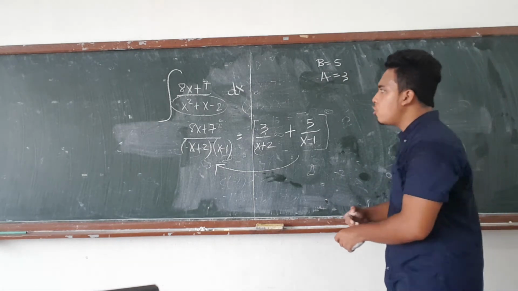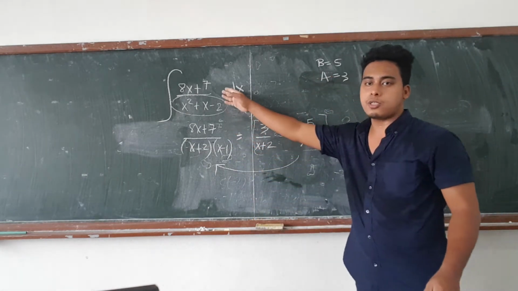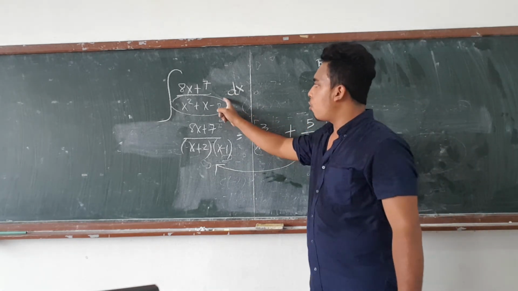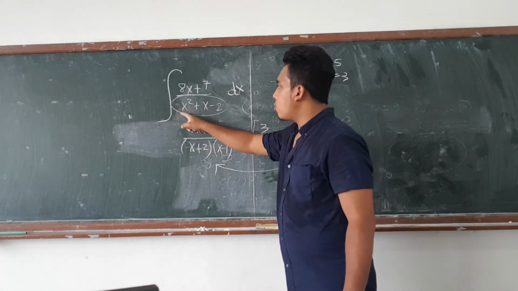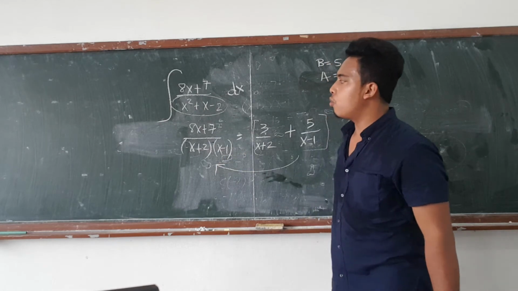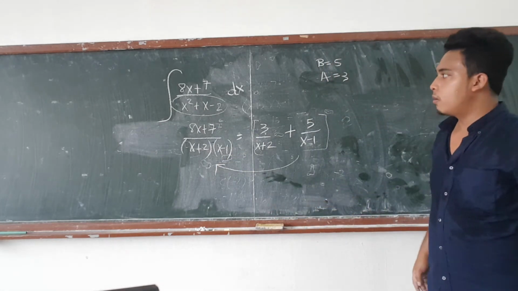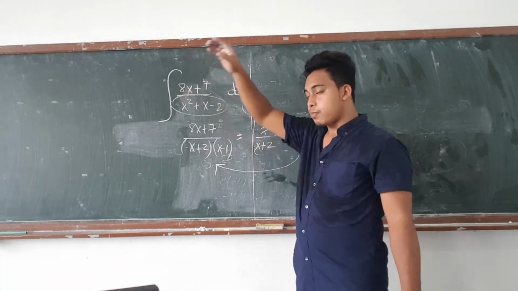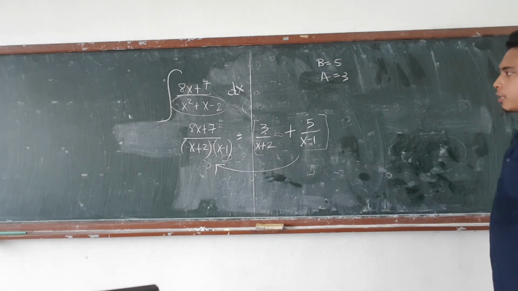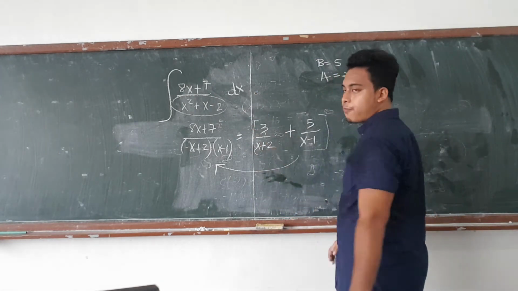Actually, we can still use u substitution in this process, because if we let u be x squared plus x minus 2, then du is 2x plus 1, so it can cancel. But we can also use partial fraction.